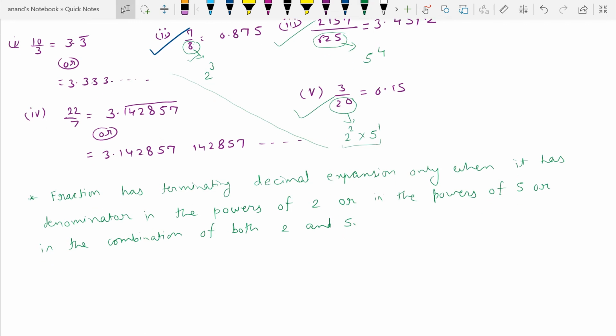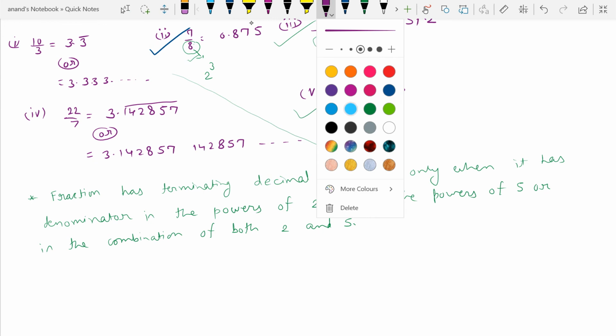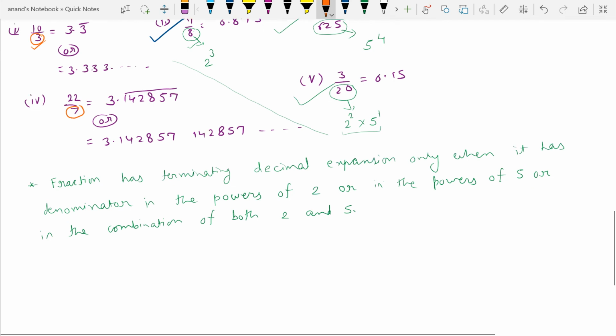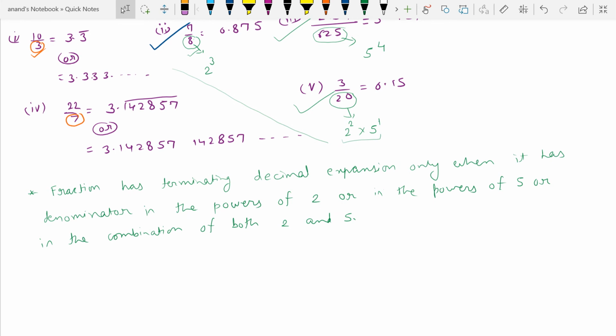Now let us see other examples which are in the form of other numbers like 10 by 3, 22 by 7. So here the denominators are not in the combination of 2 or 5 or not separately in the form of 2 or 5.